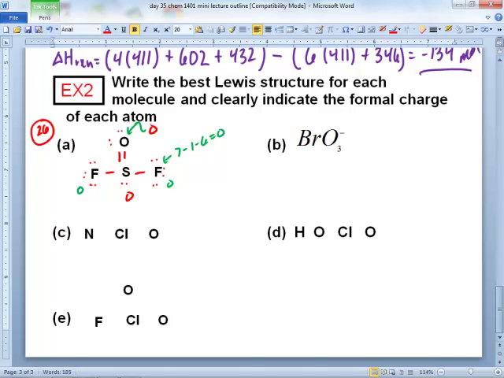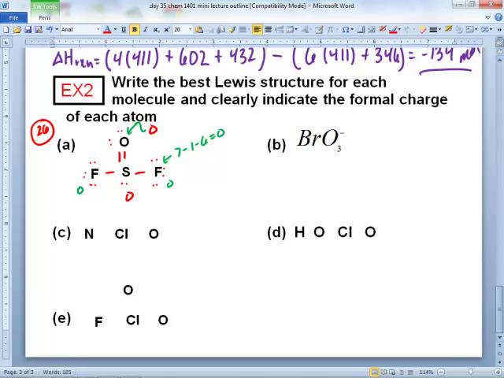What are you getting as your total for bromate? What are you guys using as your total? Oh, excuse me, 26, right? You have to add 1 for that negative charge.